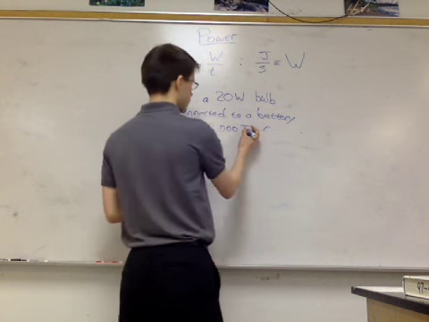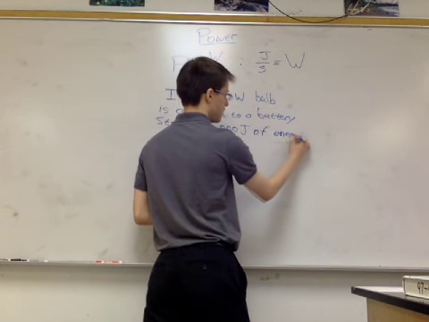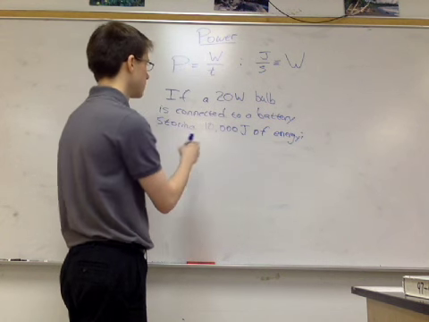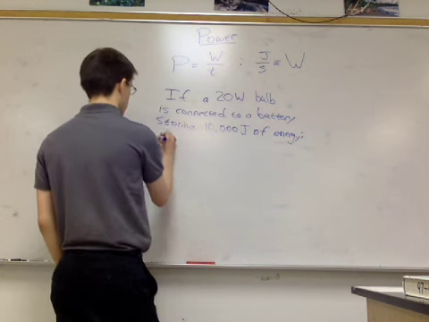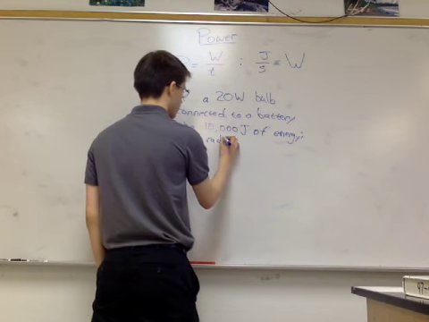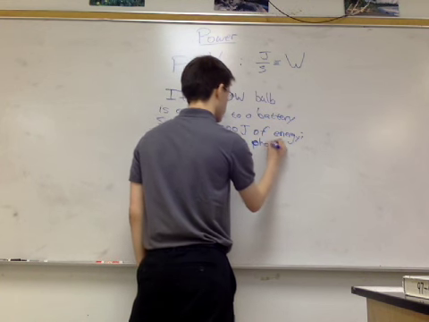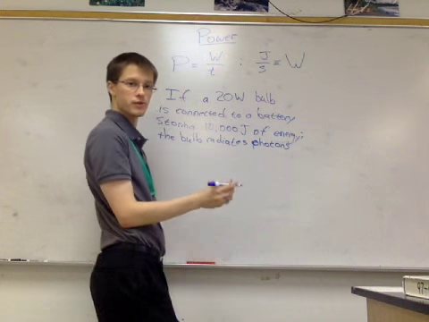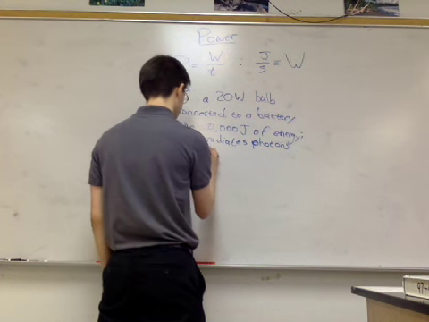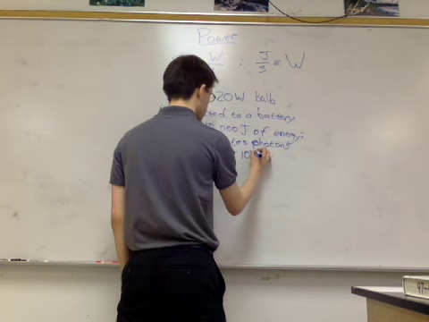Let's look at an example that's a little bit more challenging. Suppose 10,000 joules of energy. Now let's suppose that the bulb radiates photons, which are just particles of light, with average energy equal to 10 to the negative 19 joules.